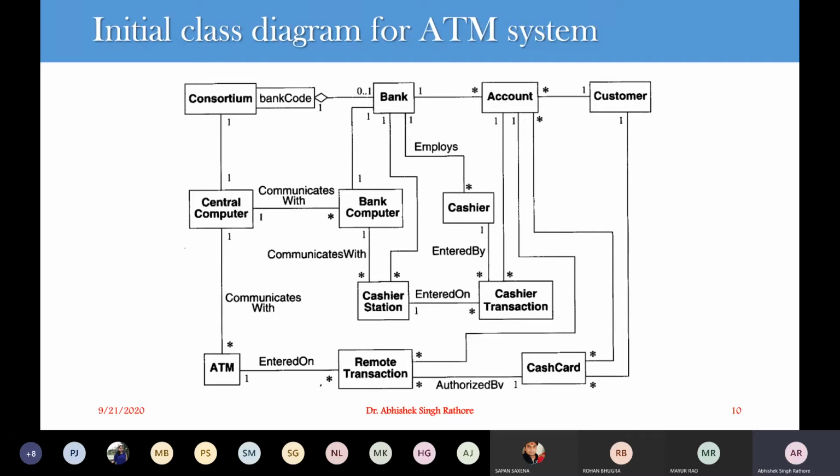This can help us to accommodate different types of association relationships. Because when we consider only the transaction, or consider the remote transaction and the cashier transaction as a whole, as an aggregate transaction, we cannot identify whether this transaction is being carried out over the ATM or at the cashier station, and thus it makes a ternary relationship.